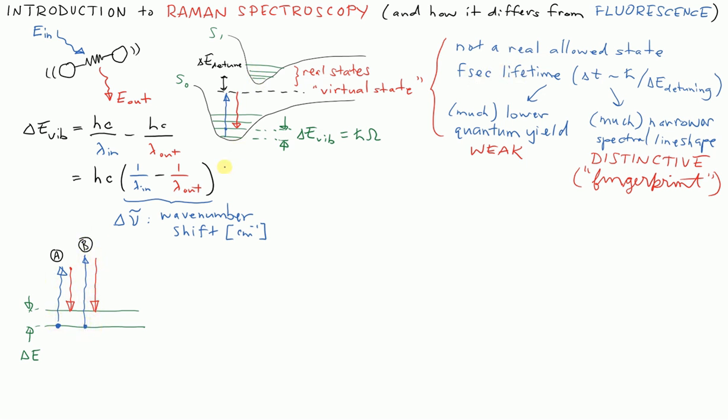That's different from fluorescence. In fluorescence, if I excite at a slightly different wavelength, I will get essentially the same fluorescence spectrum. All that will happen will be that after I excite the molecule up, it has a little more energy that it gets rid of to its environment, and it lands in the same bottom of the well here. It has forgotten exactly what wavelength excited it. In this case, for Raman spectroscopy, the output photon in red, if you will, has an imprint or remembers the wavelength of the incident photon that excited it.